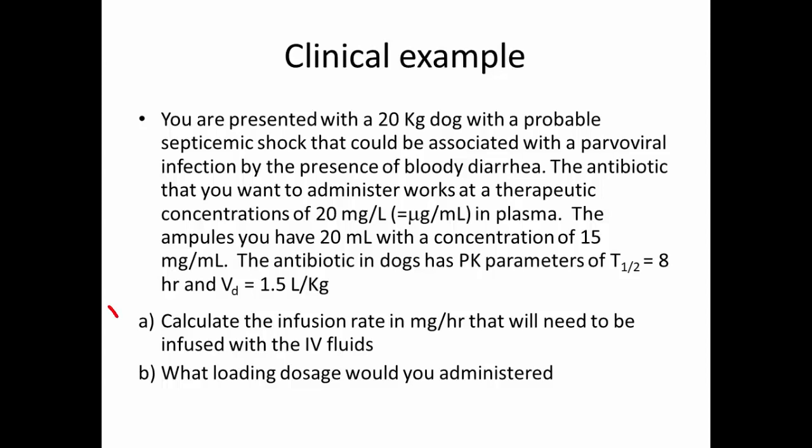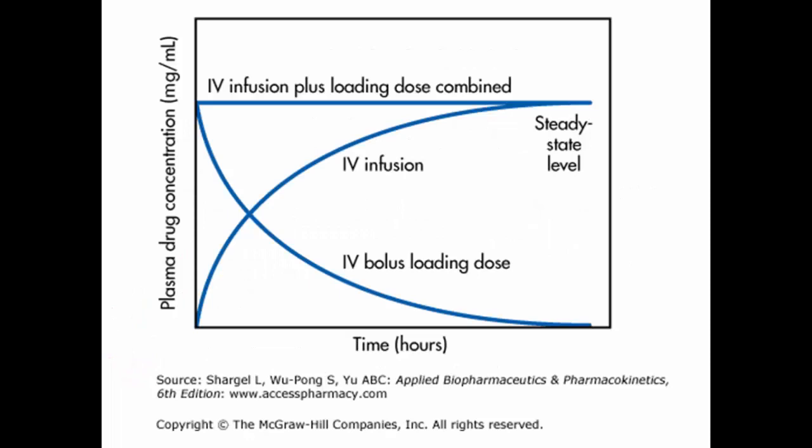So the two questions that come up are: what will be the infusion rate in milligrams per hour? In other words, what will be the maintenance dose for this dog? And what will be the loading dose that we should give as an IV bolus? If we look at this graph, the infusion rate will simply elevate the concentrations slowly until it reaches a steady state.